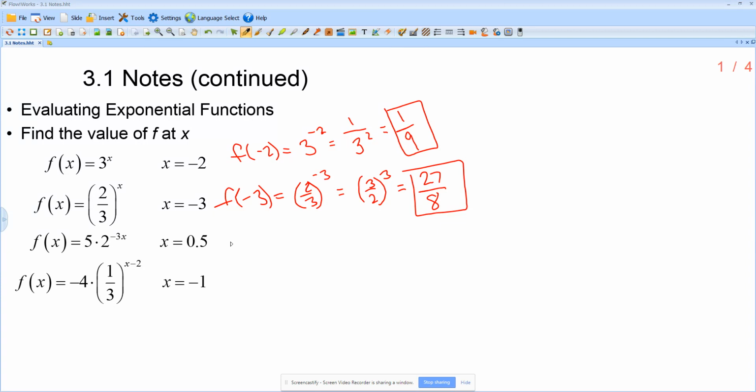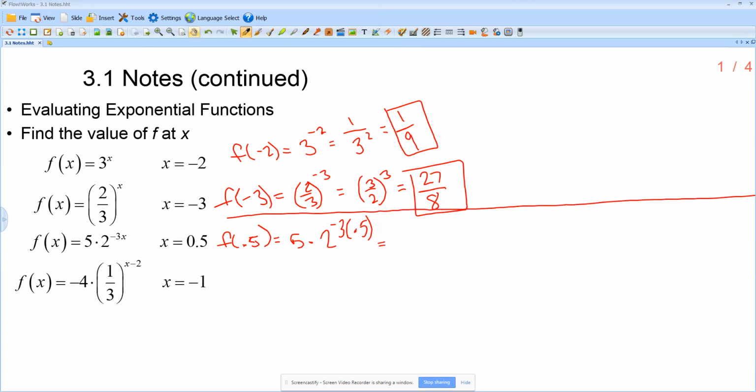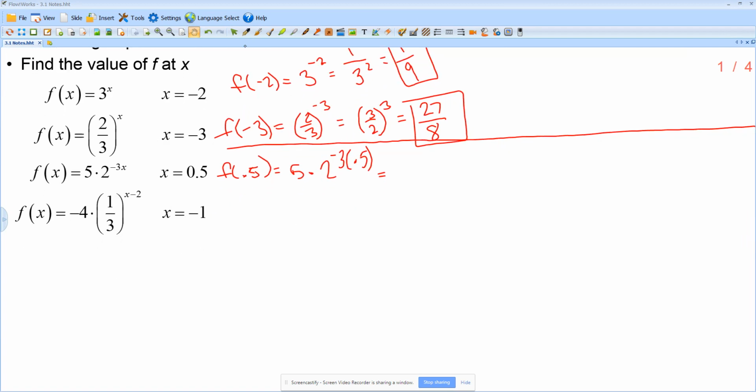Next, 0.5. So f of 0.5 is equal to 5 times 2 to the -3 times 0.5. I think this one will be a little bit longer.